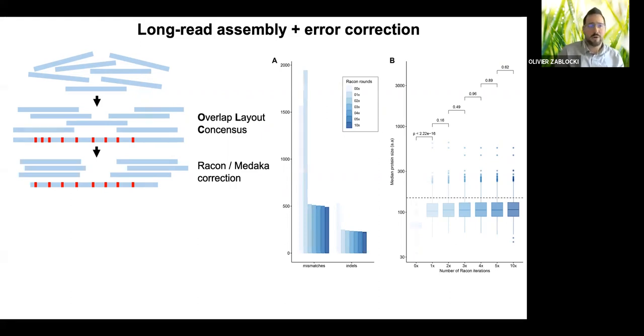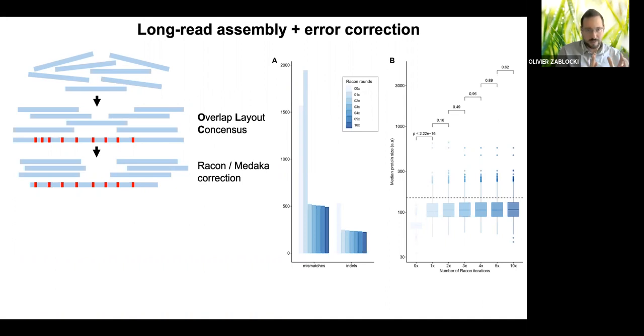Now, Racon basically uses all versus all read mapping information in order to try to weed out errors that occur along repeated rounds of self-mappings.